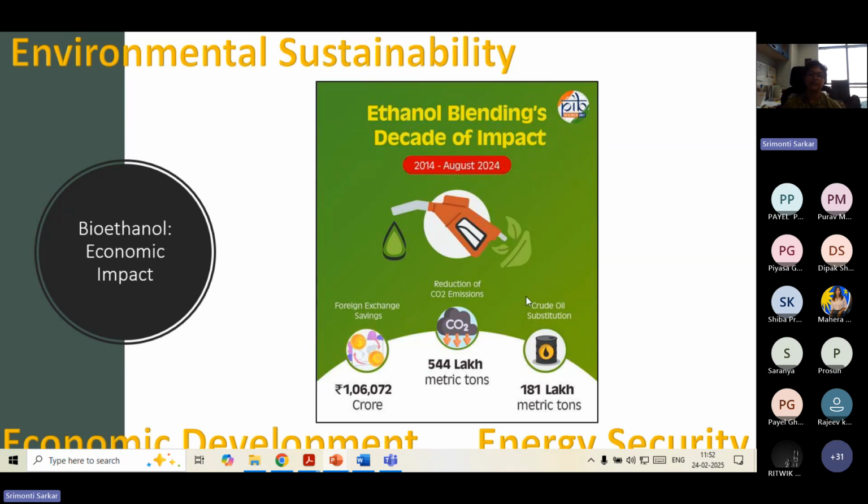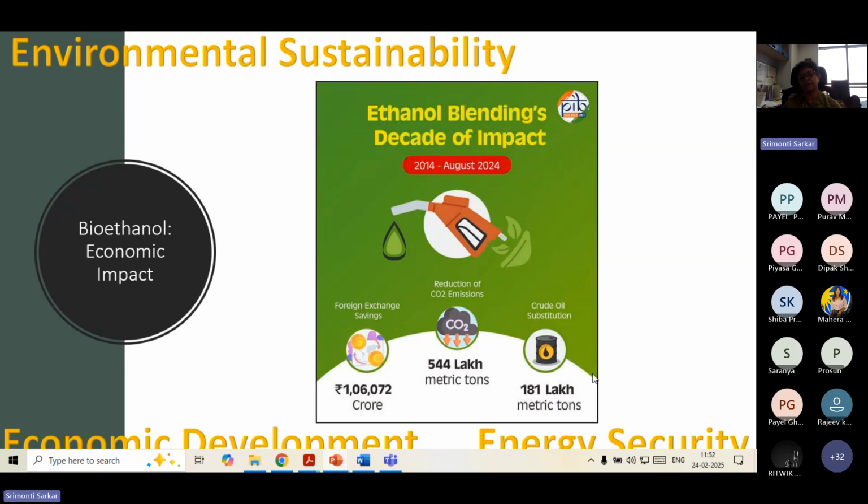So you can see again here, this is data from the Press Information Bureau site, where we've saved a considerable amount in foreign exchange, we've reduced CO2 emission, and we have done a significant amount of crude oil substitution by using biofuels.